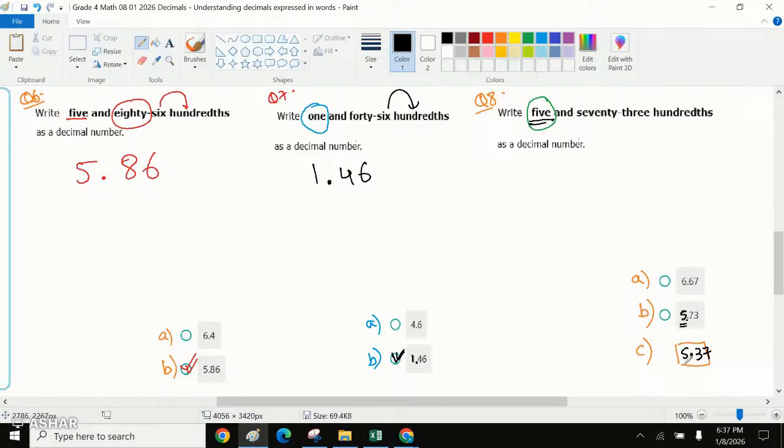This could be correct or this could be correct. Then we look at the second part. This is 73. It cannot be 37, right? So we go with the 73. 5 point 73. Sometimes the given options could be very close matches to each other, right? They might not be starting with 6.